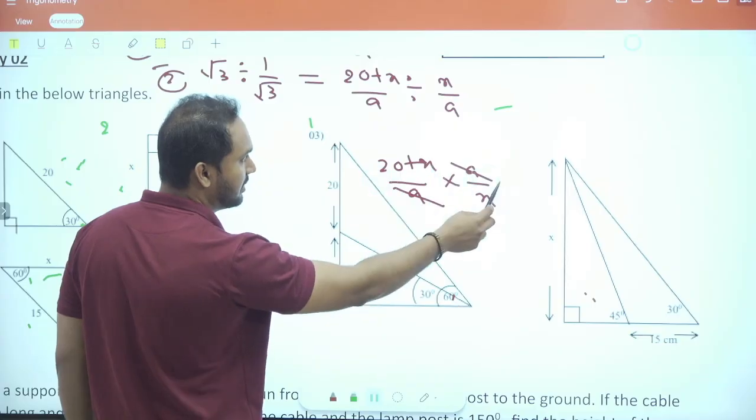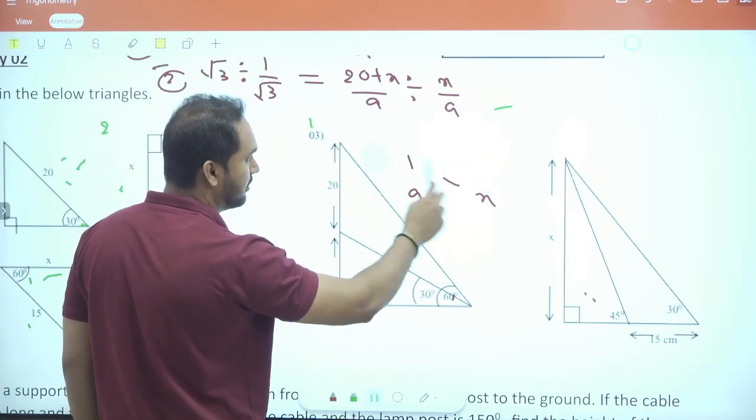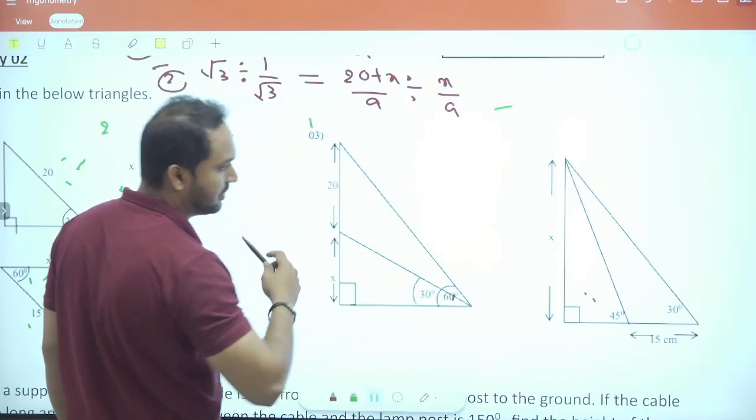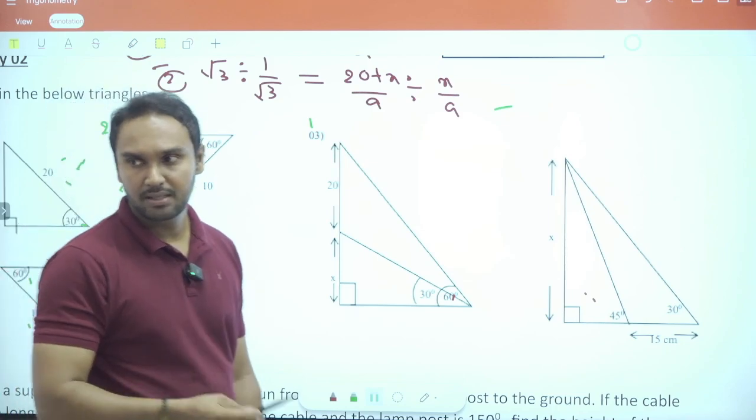Now think of a trigonometric ratio to apply here. Finding the trigonometric ratio to apply here is the first thing.